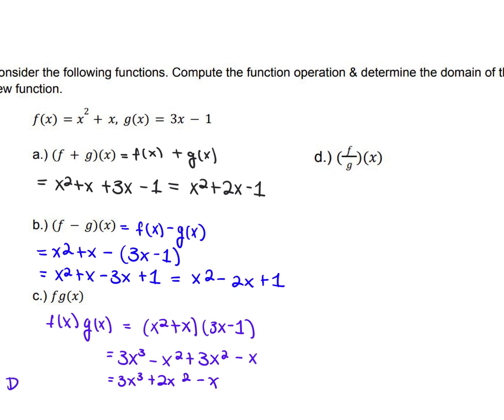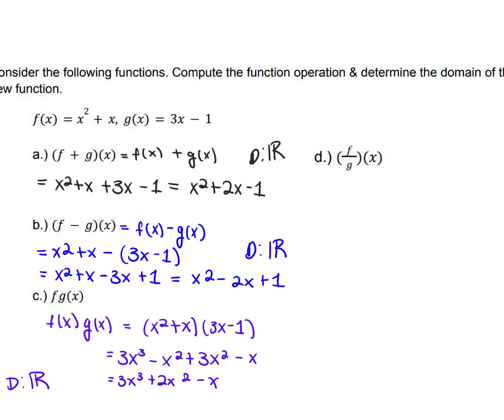So the domain for this one is all real numbers because there's no function in the quotient. For this one, again, the domain's all real numbers, and then this one, the domain's also all real numbers.